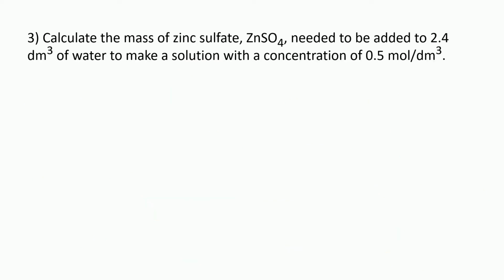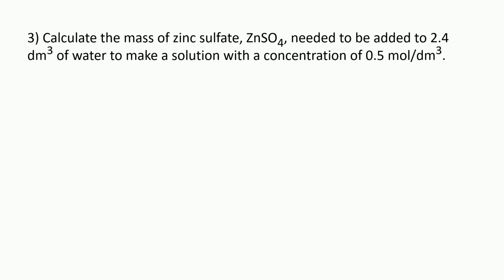Now in question 3 it says calculate the mass of zinc sulfate needed to be added to 2.4 dm cubed of water to make a solution with the concentration of 0.5 mole per dm cubed. So we've got the volume and we've got the concentration. So we're going to need to work out the moles first and then we can work out the mass.